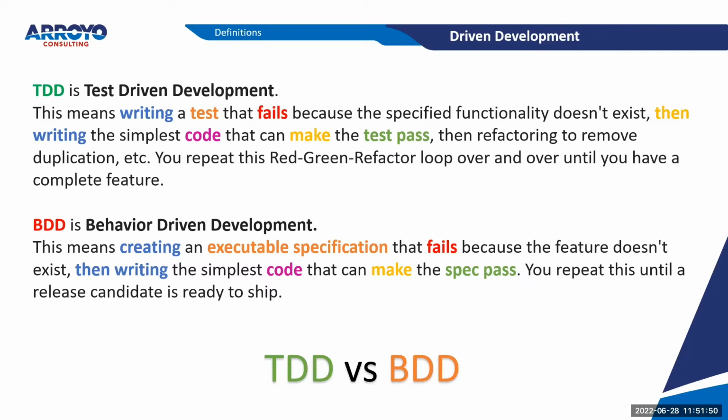So in this methodology, we use a cycle called red, green, and refactor. These are specific steps that we have to complete to do that kind of test. On the other side, we have BDD, behavior driven development.